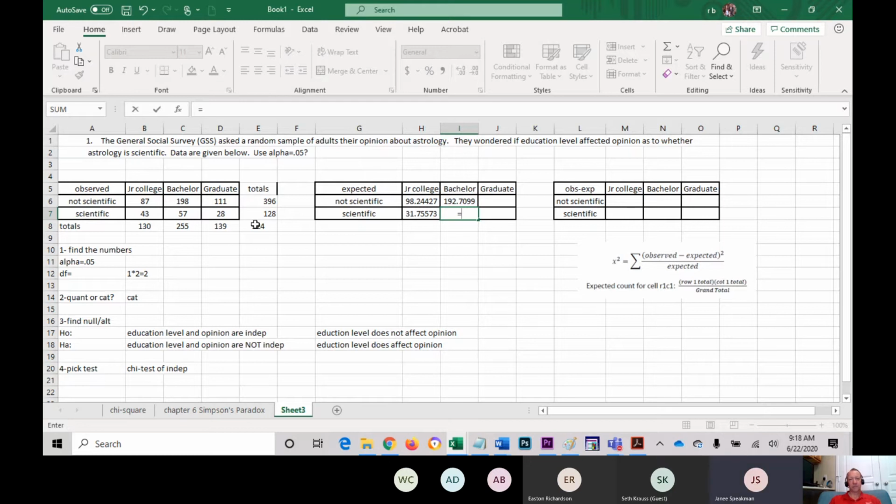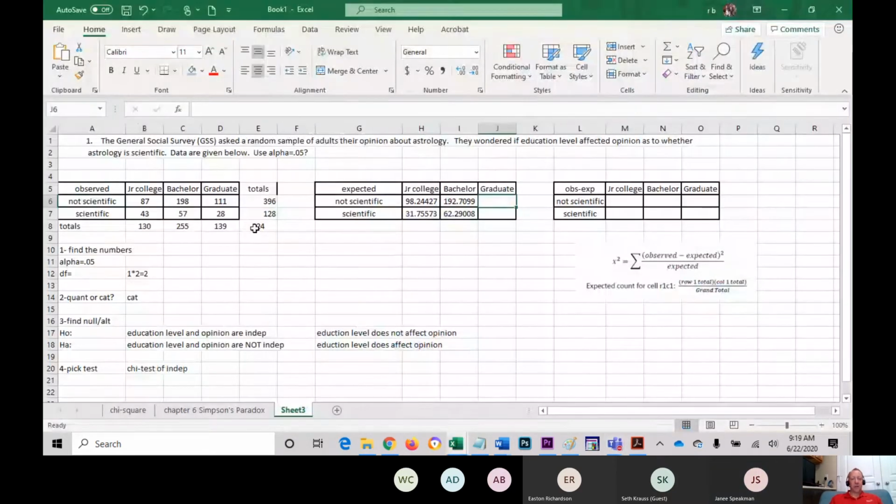So we do the 396. Nope, that's row 1. Oh, 128, times 255, divided by 524. Okay.